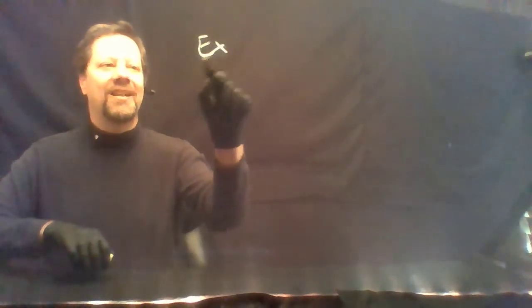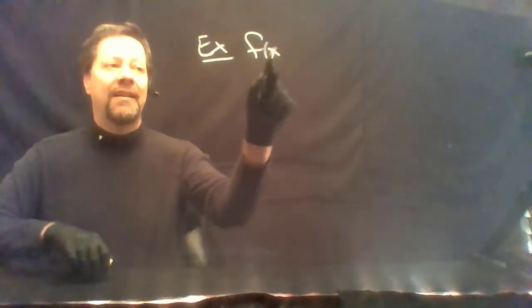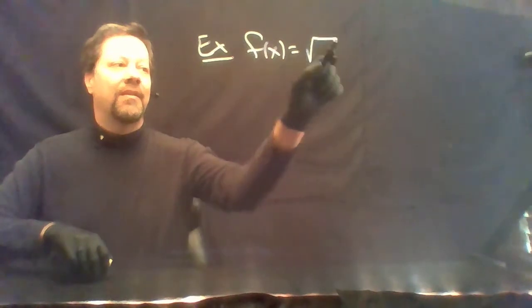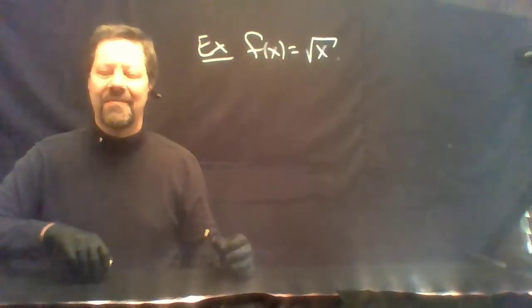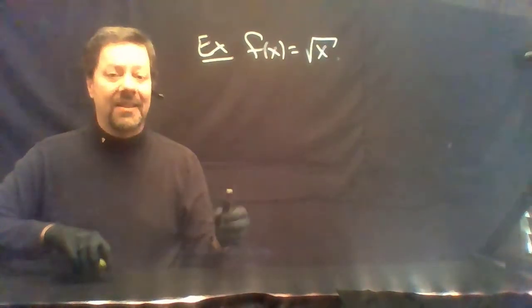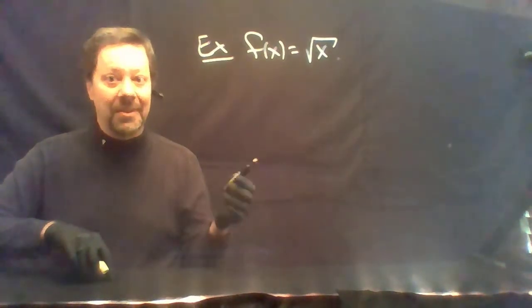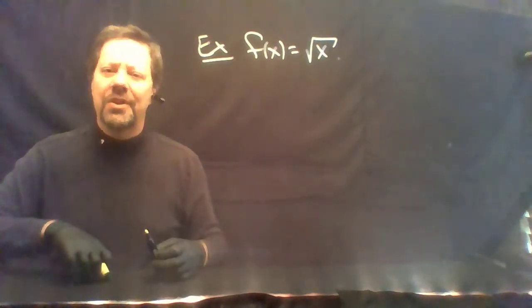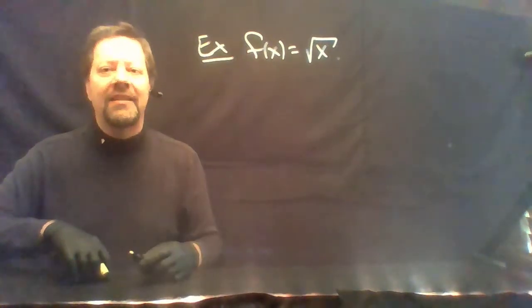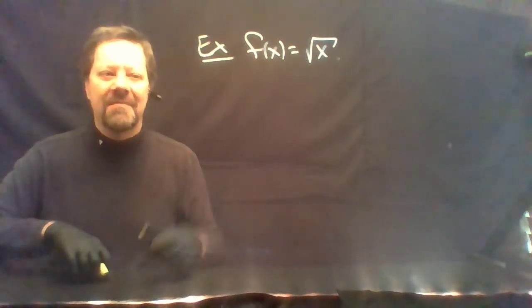There are certain functions I just want you to know the derivative of. One example would be f of x equals the square root of x. Yes, I want you to be able to calculate it in several different ways eventually, but I also want you to just remember the answer that we get from the following computation.